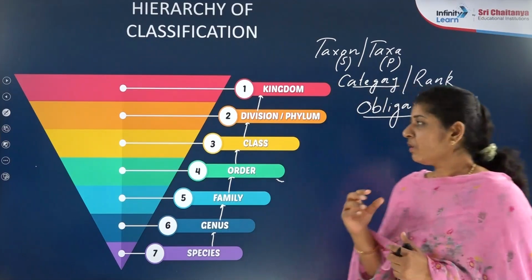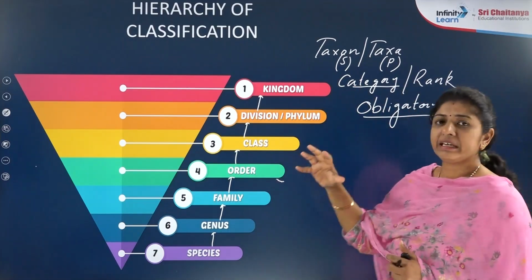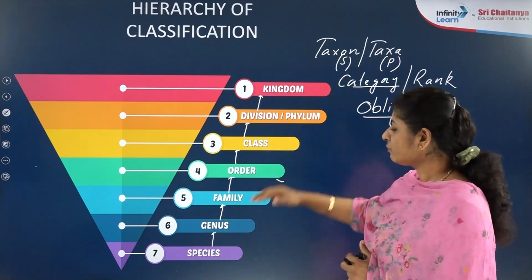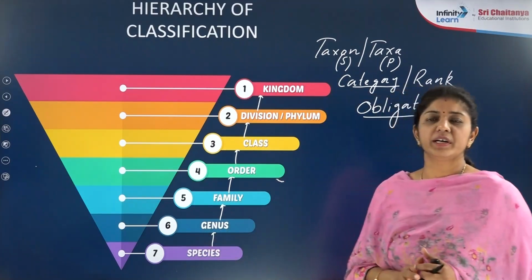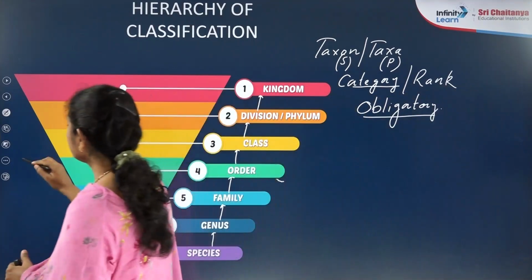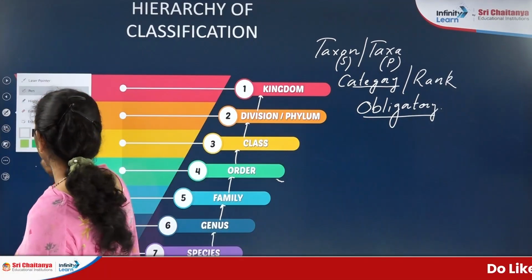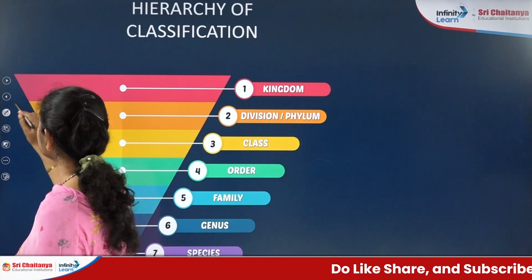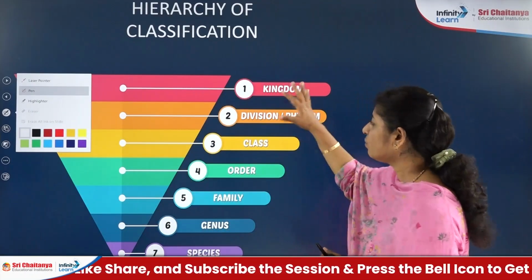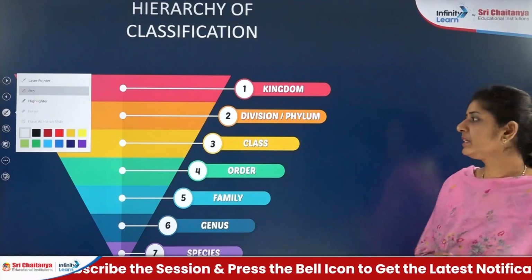Clear? Now, if I take a more detailed description of this, first of all we will start from the basic level, which you call species. And a few questions you must know beforehand. If I take the concept of the species first, let's talk about one important question in this part.